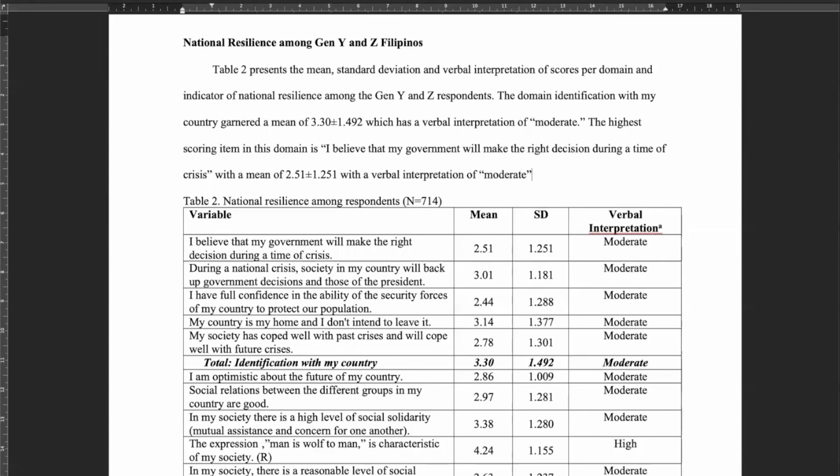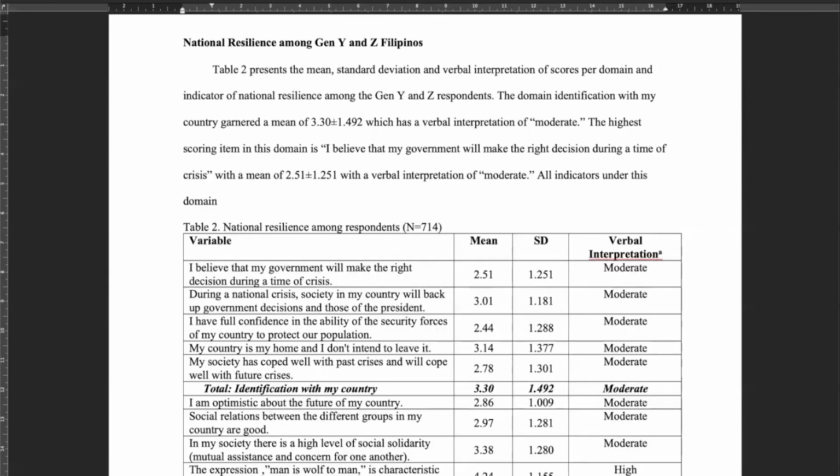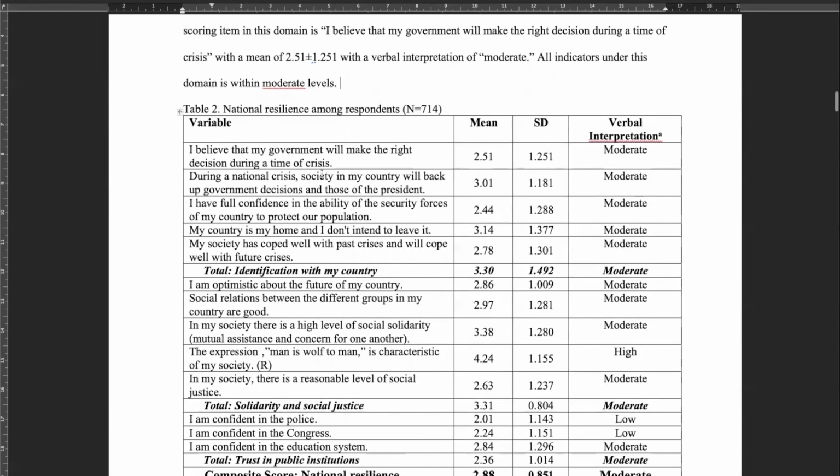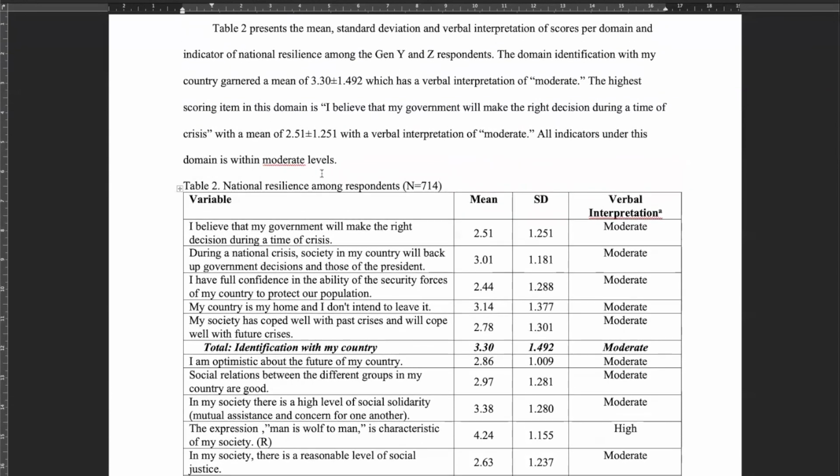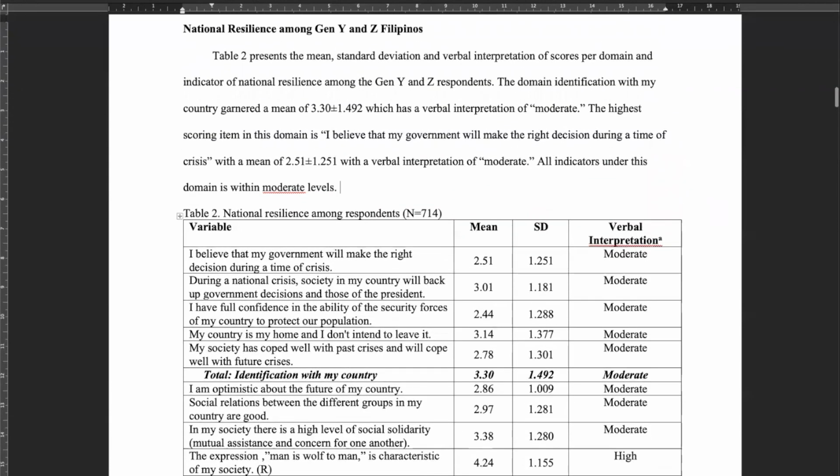And then probably it's also nice to say that all indicators under this domain are within moderate levels, because all of them are moderate. Then let's move to the next. It's either we create a new table, or I create a new paragraph, or we just continue. I guess we can create a new one.